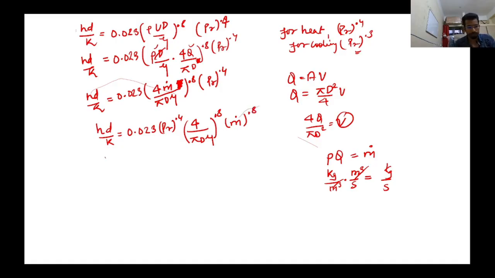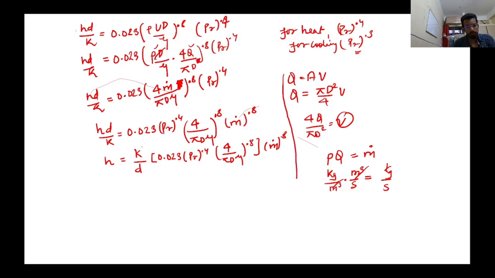Now h is equal to k by d times 0.023, Prandtl 0.4, 4 upon pi d mu to the power 0.8, times m to the power 0.8.